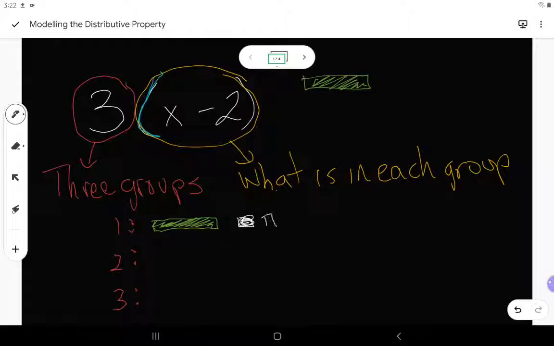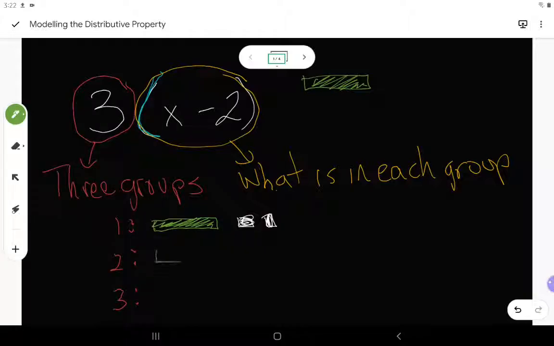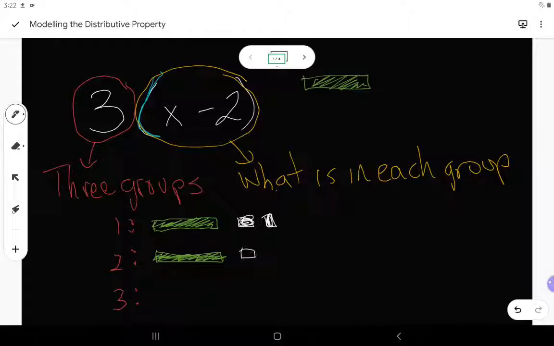So that means I need 2 of those white squares, right? Now my second group needs to have the exact same thing. This multiplication says I need 3 groups where each group has the same stuff inside of it. Okay, so everything in the brackets there is the stuff that is in each group.